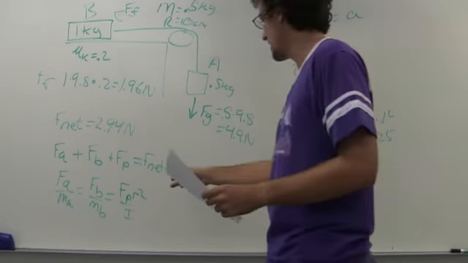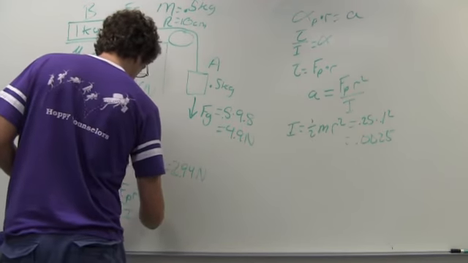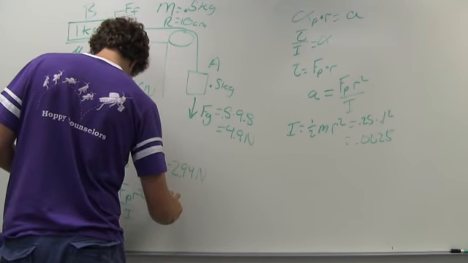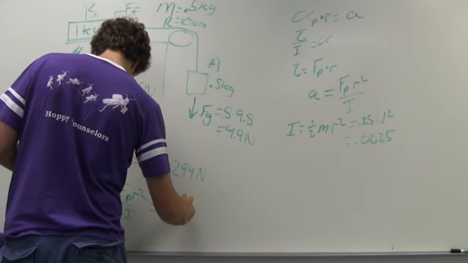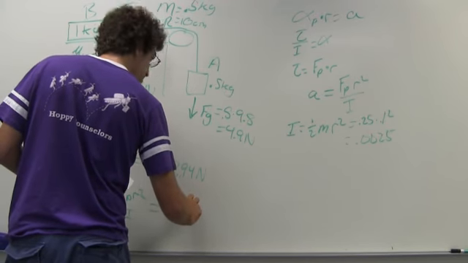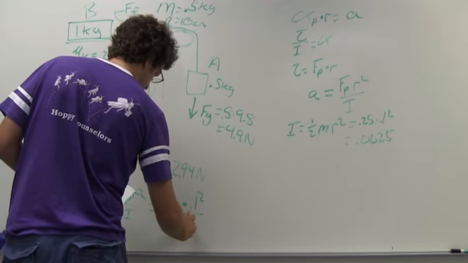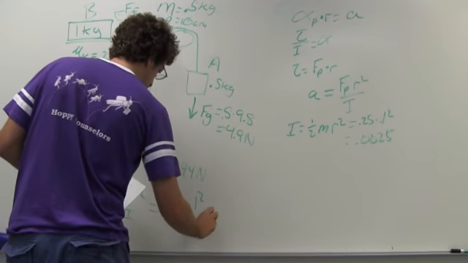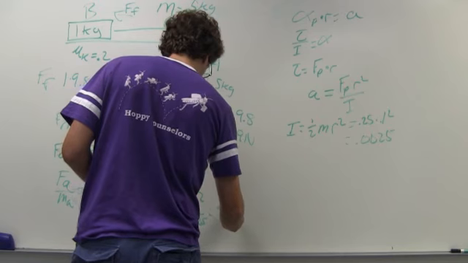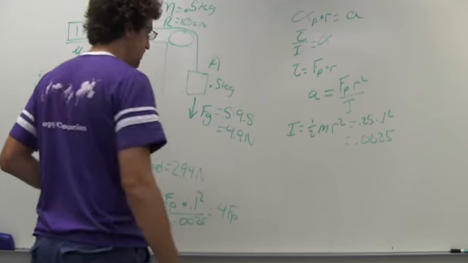We then plug that back in, and we get F pulley times 0.1 squared over 0.0025, or 4 times F pulley.